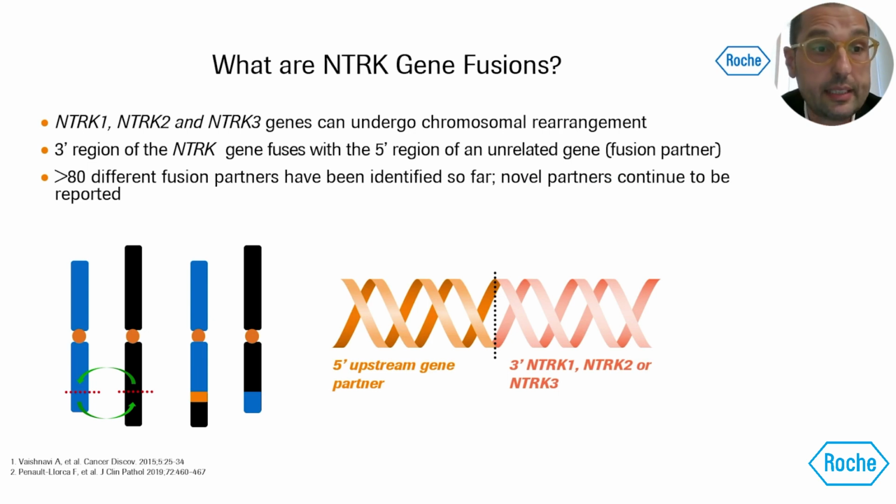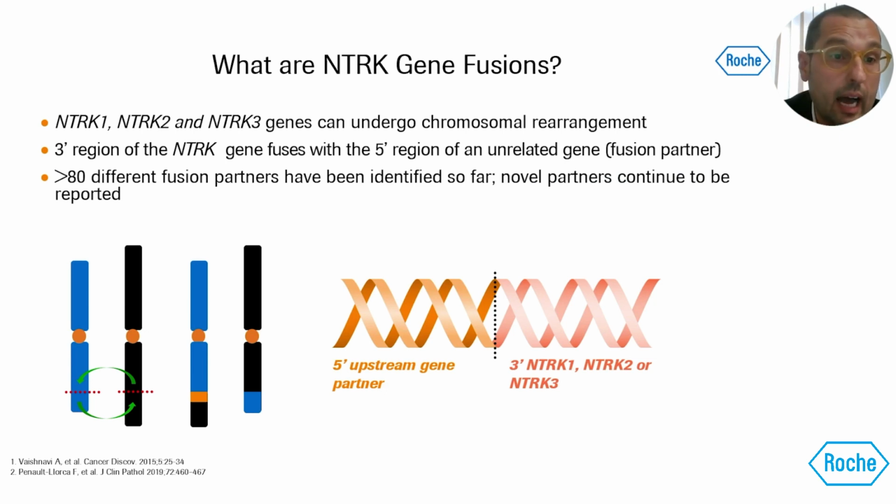In most cases, it's the 3' region of the NTRK gene that fuses with the 5' region of an unrelated gene, the so-called fusion partner. So far, more than 80 different fusion partners have been identified in tumors.